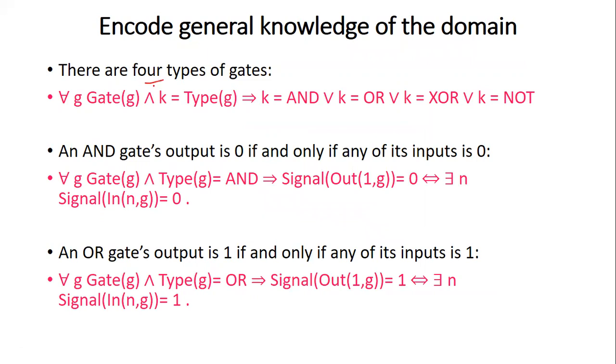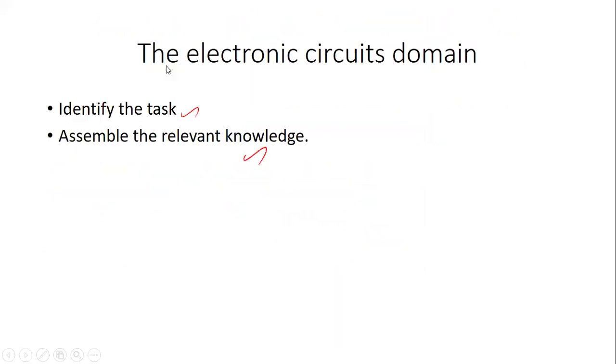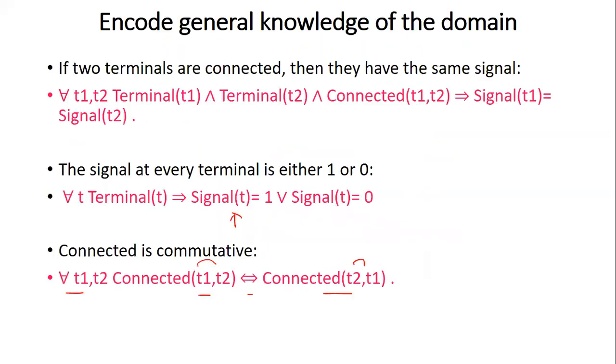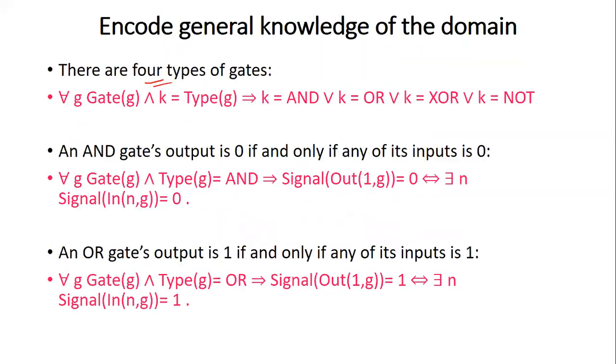Then there are 4 types of gates. So basically, in our circuit, what are the gates? We have AND, XOR and OR, but we are also including NOT. So with NOT, there are 4 types of gate. So how do we represent that? It is represented something like this.